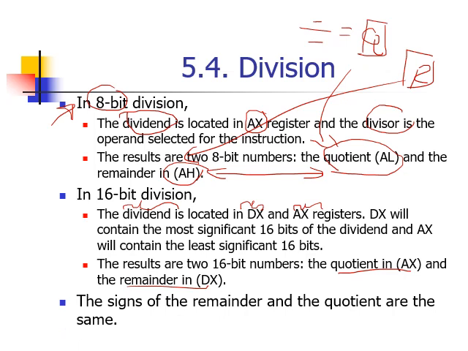And the sign of remainder and quotient should be the same. If the result is positive, your remainder and quotient should be positive. If the result is negative, your quotient and remainder should also be negative.